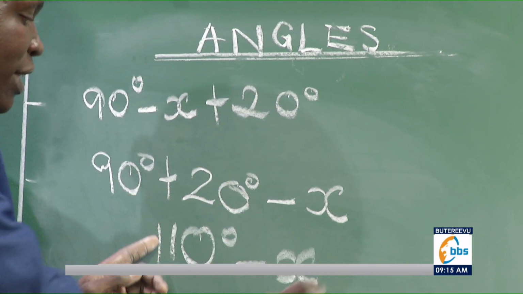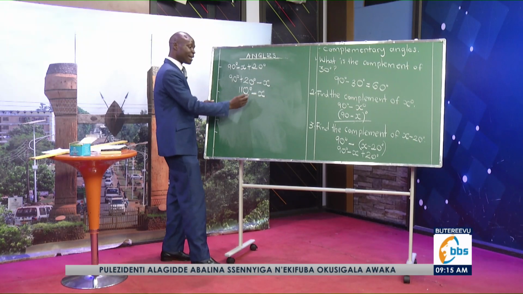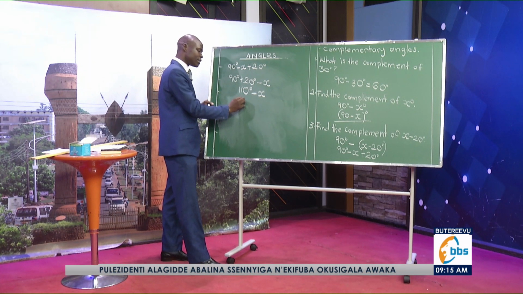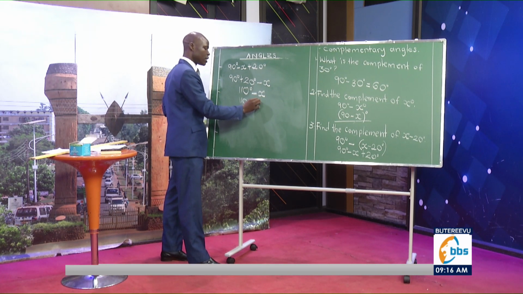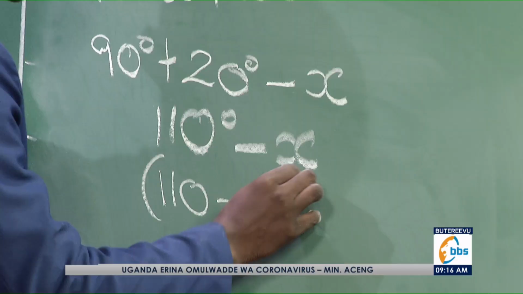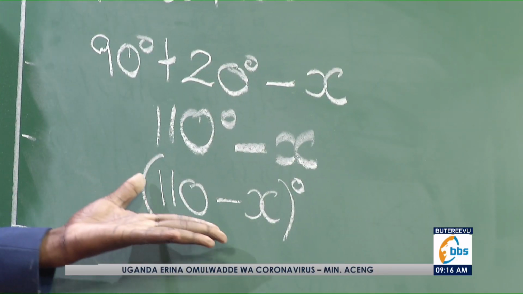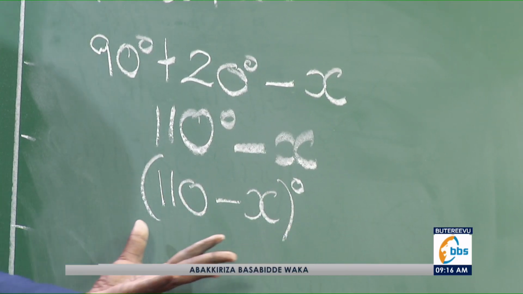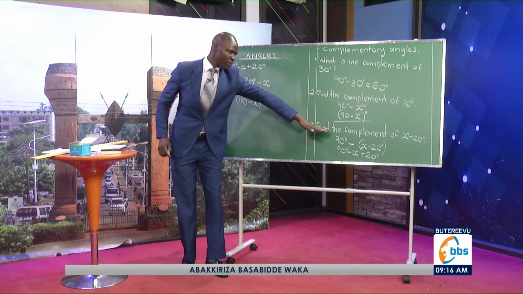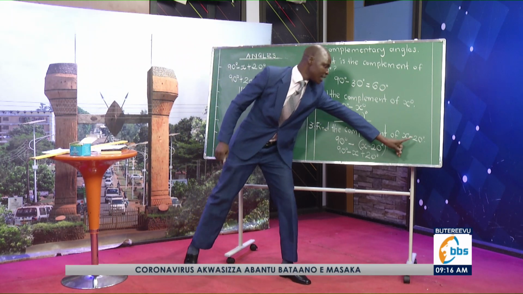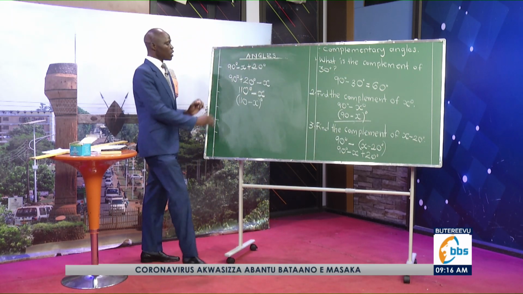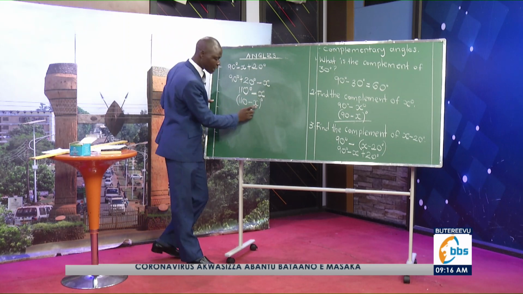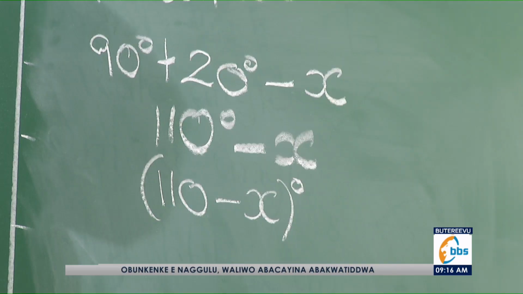Since the whole of this is an angle, we can also write it as 110 minus x in brackets, degrees. So we can summarize by saying the complement of x minus 20 degrees is 110 minus x degrees.